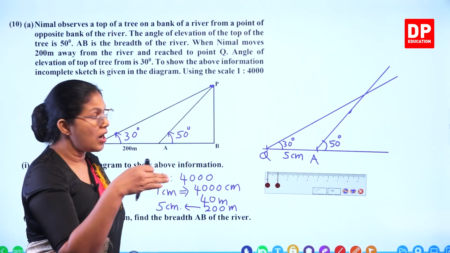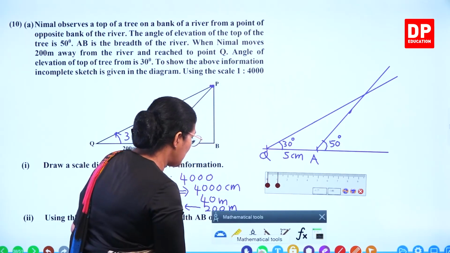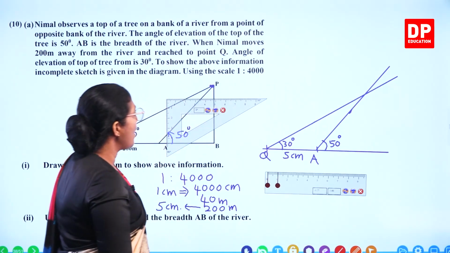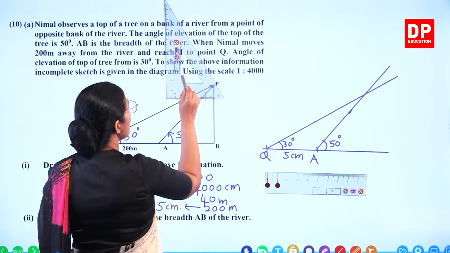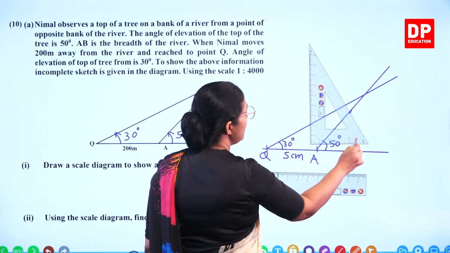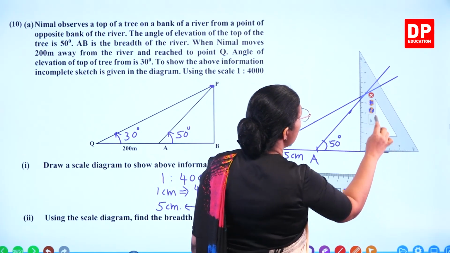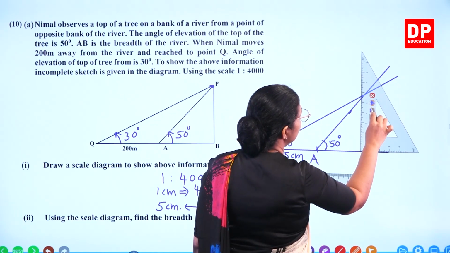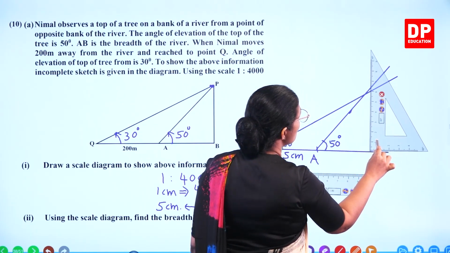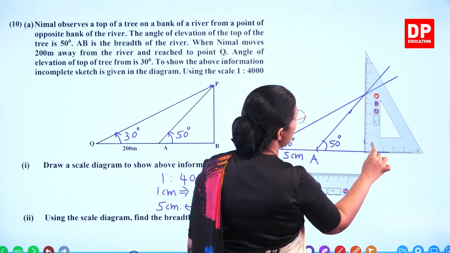Now you have to draw a perpendicular line. What's the easiest way to draw the perpendicular line? We can take the set square. You don't need a compass there. What we can do, we can keep the set square on the line and then search for the point and draw the perpendicular line here.